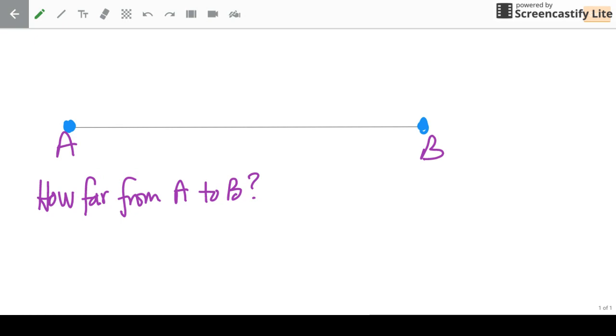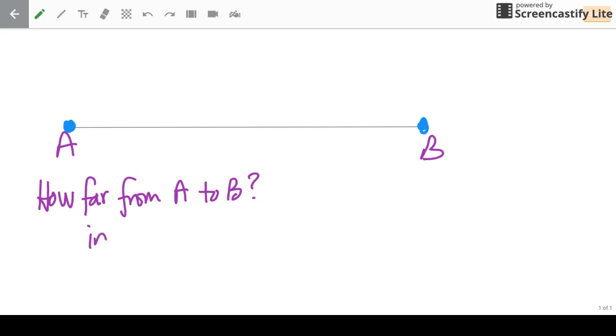So let's start by first just looking at this line and seeing how we can measure between 2 points. So I have point A, point B. If I were to get out a measuring unit and try to measure, well, all the different ones I could use.